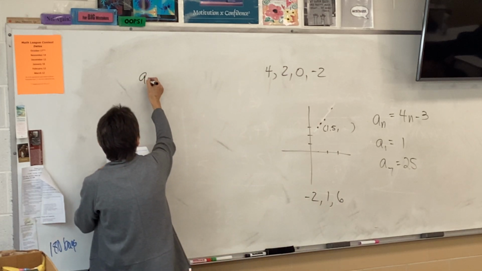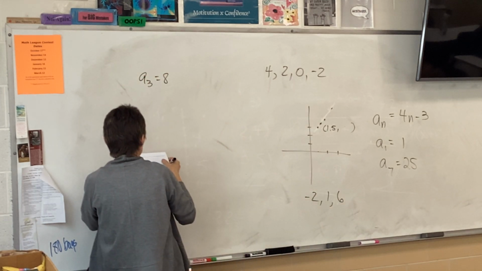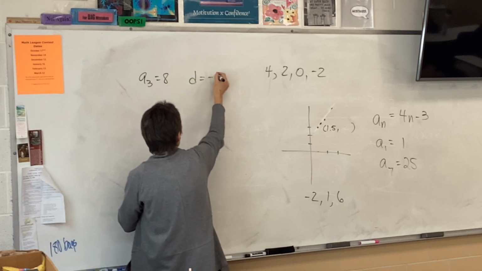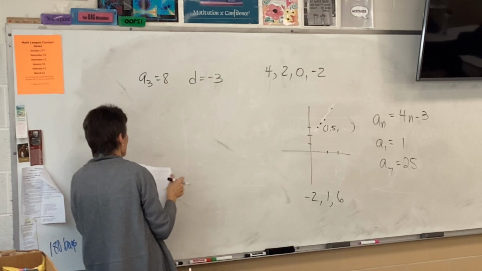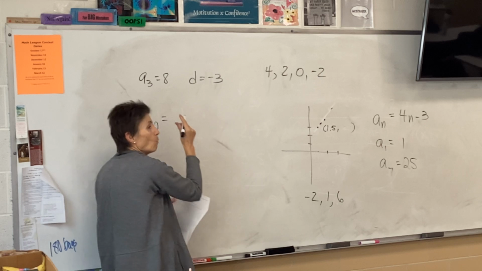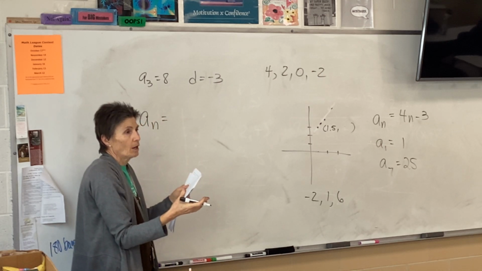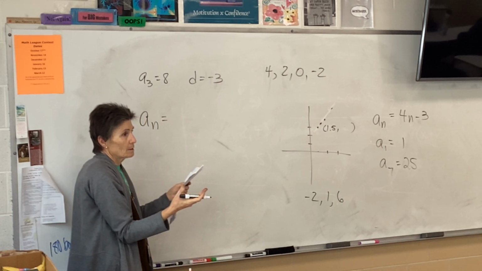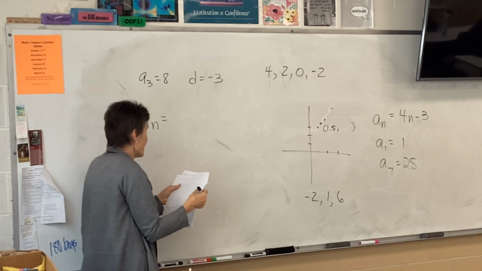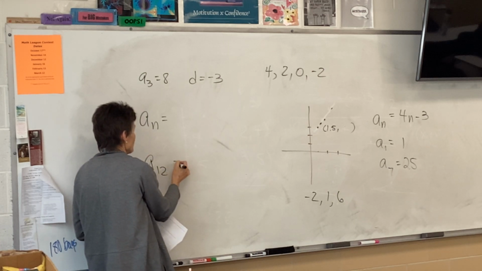Okay. Number 3. We have an arithmetic sequence, so they're telling me it's arithmetic. They're telling me the third term is 8, and the common difference is -3. And I have to find a formula, a rule, for a sub n, and find a sub 12.